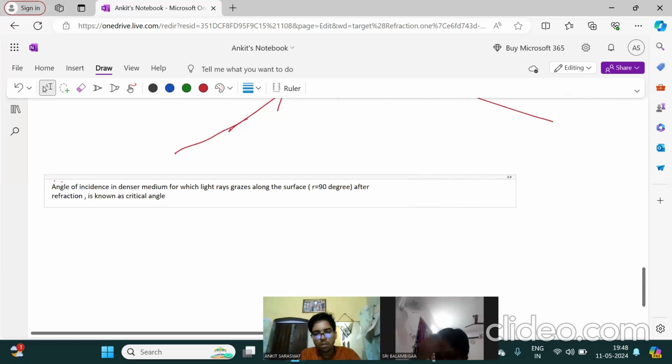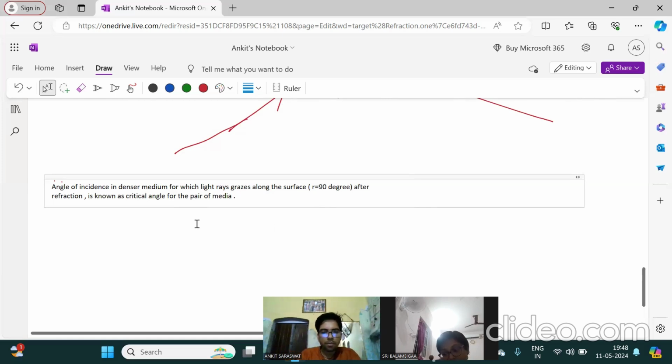Any doubt? Is known as critical angle for the pair of medium. Pair of medium means pair of media, plural of medium. For mu1 and mu2, this is the critical angle. If you change the media, then the critical angle will also change.